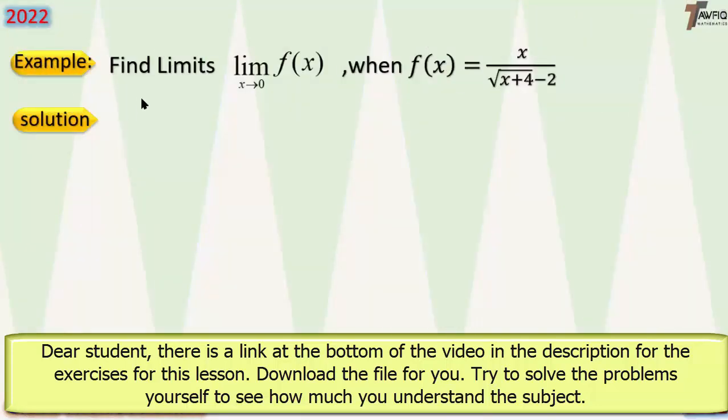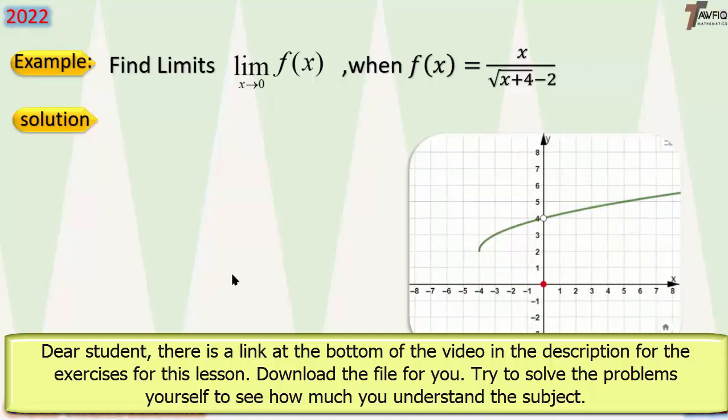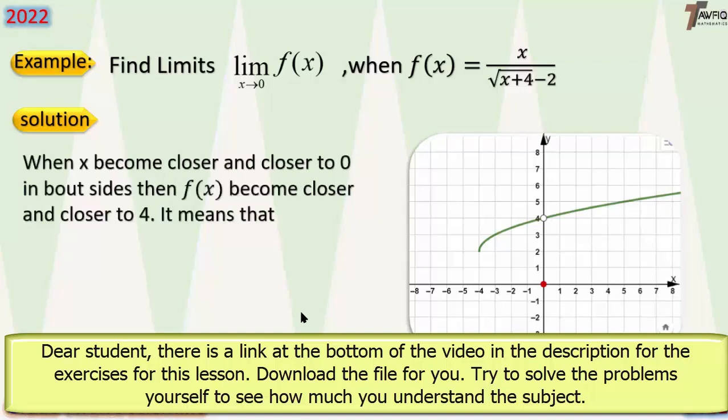Example: find the limit as x approaches 0 of f(x), when f(x) equals x over the square root of x plus 4, minus 2. Here, when we approach the number 0 from the right side, the value of x comes closer and closer to 0 from the right, and the value of f(x) comes closer and closer to 4.